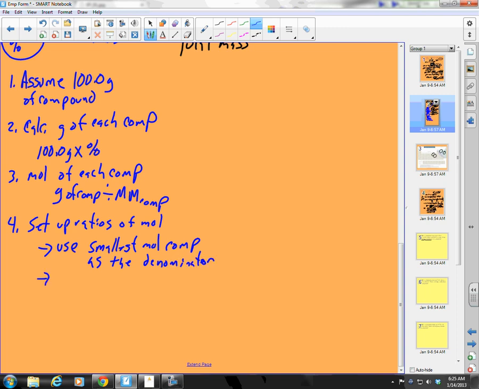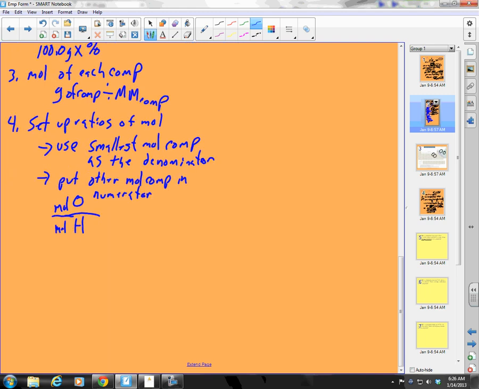And then I'm going to put the other mole component in the numerator. Got it? So I'm going to set up a ratio. It's going to be something like this. Maybe it's oxygen over hydrogen. And I'm going to say it's going to be moles of oxygen over moles of hydrogen if hydrogen is the smallest, smaller than oxygen, okay?